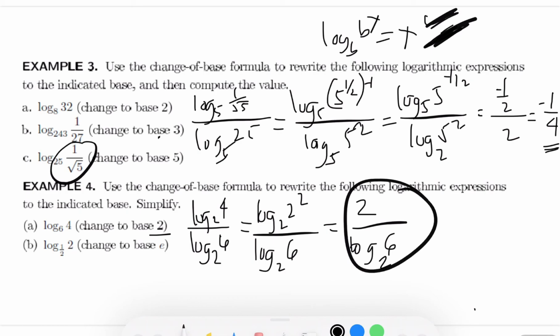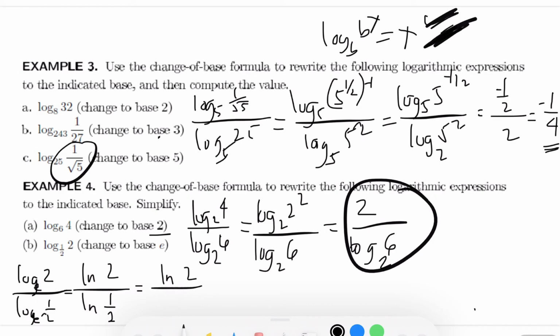Okay, and lastly, letter B, we have log of 2 base e over log of 1/2 base e. So this is now ln 2. The other one is ln 1/2, right? Take note that ln 1/2 is a fraction, so we can rewrite that one as ln 1 minus ln 2 by the division property, the logarithm division law.